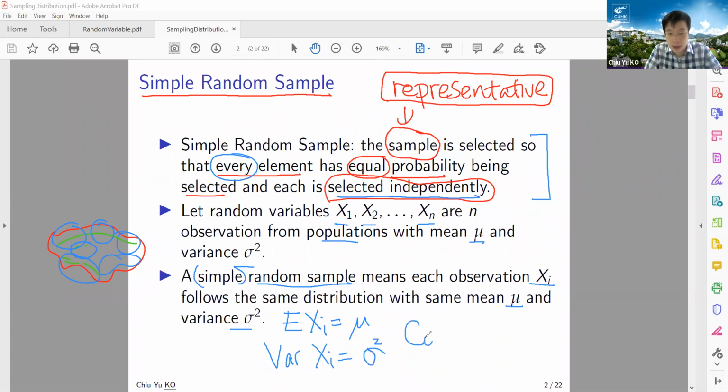And the other thing is the covariance of Xi and Xj will be 0, for i not equal to j, of course. X1 and X2 have no correlation, or covariance is 0. Is that clear? That is what we mean by random or simple random sample.